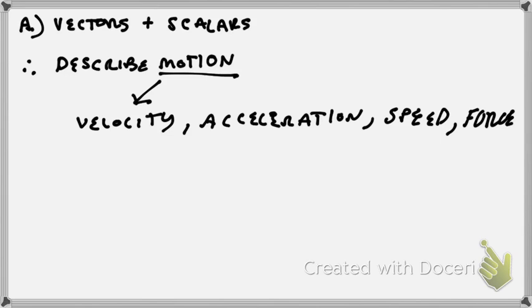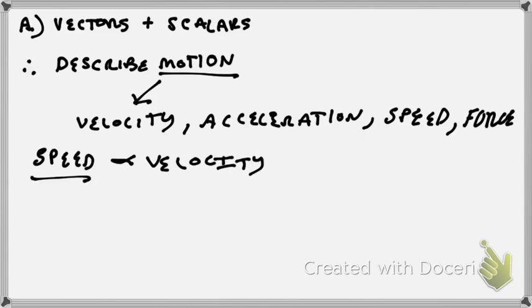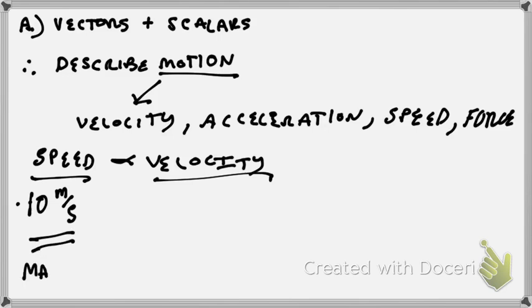When we usually think about speed, we are talking about velocity. But what is the difference between speed and velocity? Speed can just be 10 meters per second, and that could be speed because we have a magnitude.